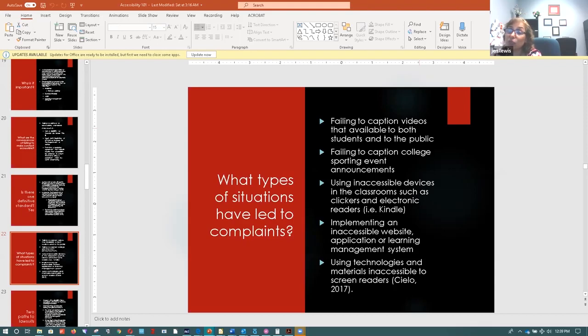Failing to caption college sporting events announcements, that's also using inaccessible devices such as clickers and readers. Implementing an inaccessible website, application, or learning management system, and using technologies materials that are inaccessible to screen readers.